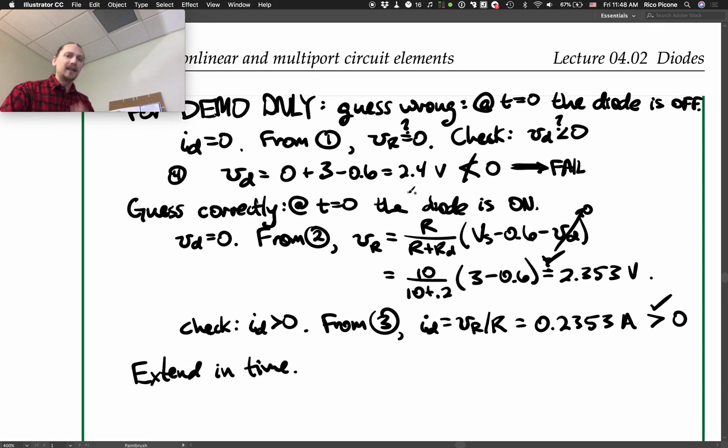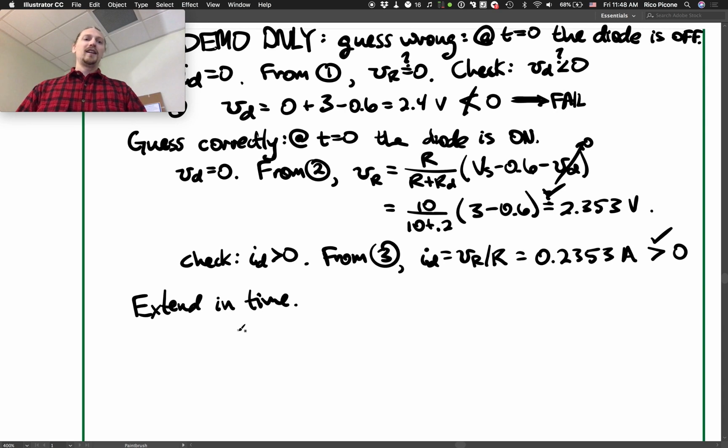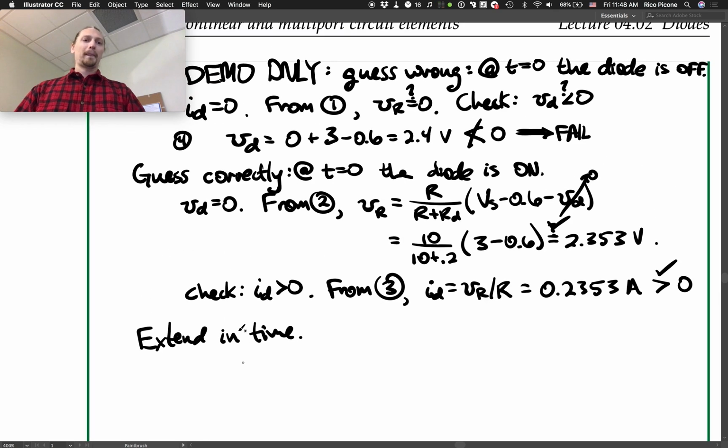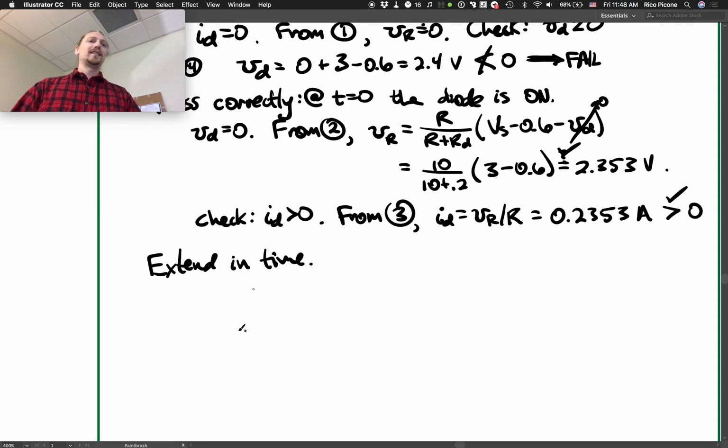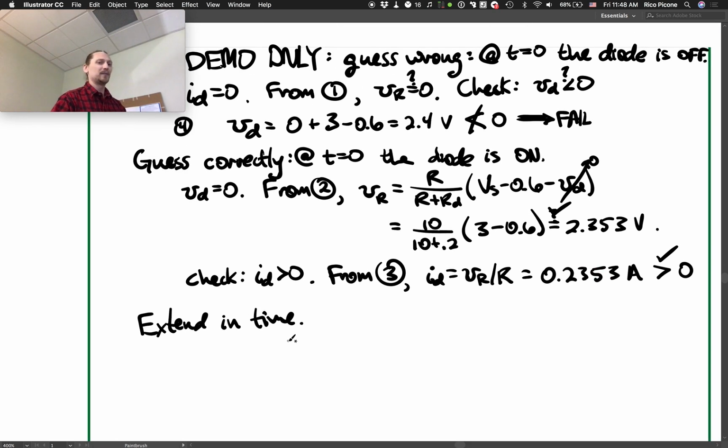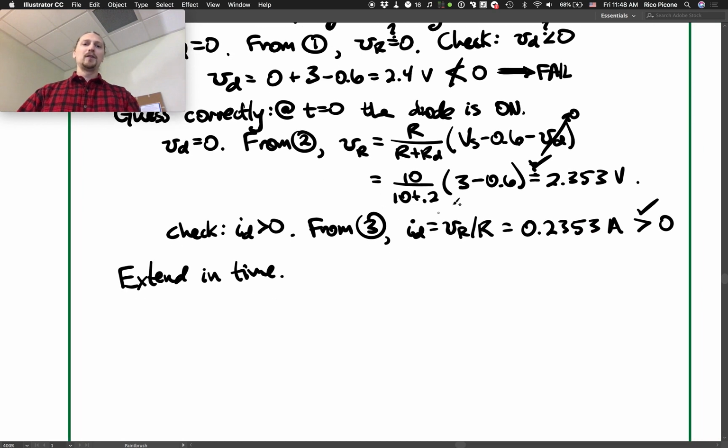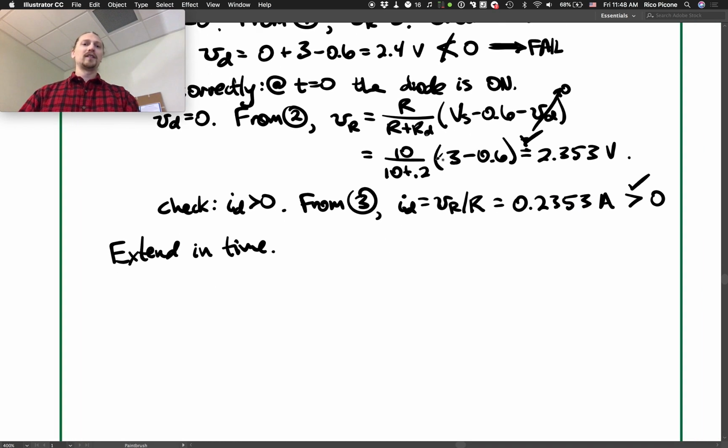The steps that we did, plugging in time equals 0, all we need to do is just not plug in time equals 0, just leave it as t, and see when our assumption is no longer true. So let's continue, because we already went through this, right? Back to our VR solution.